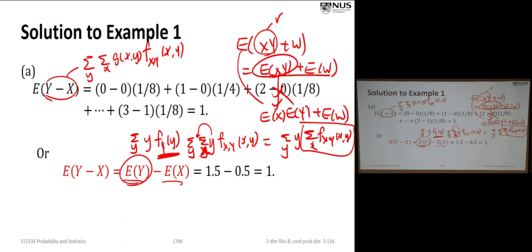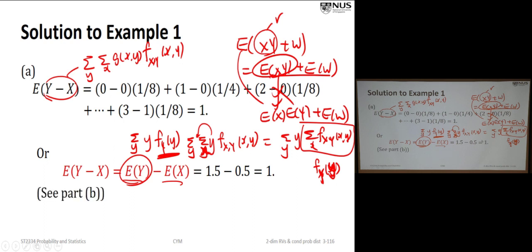That means you fix y and sum over all the density or probability function with the same y value. So that is the marginal of x. All right? So, marginal of y. I'm sorry. Marginal of y. Sum over x, so it's the marginal of y. Okay, so that's the answer. So my point is that there are many ways to get the answer. So you have to know, if possible, more than one way, so that you understand that they all get you the same answer.